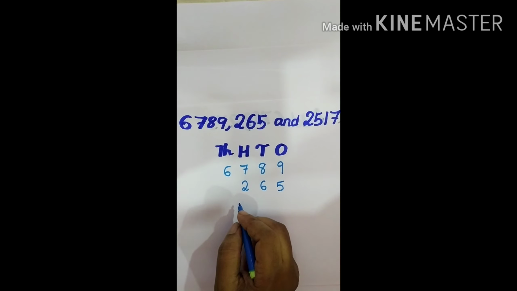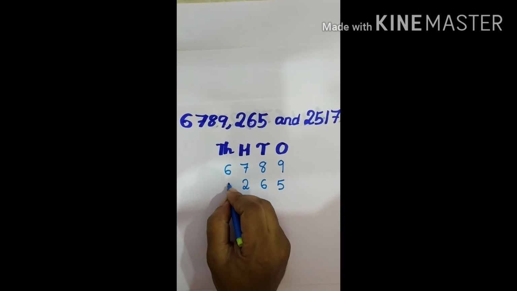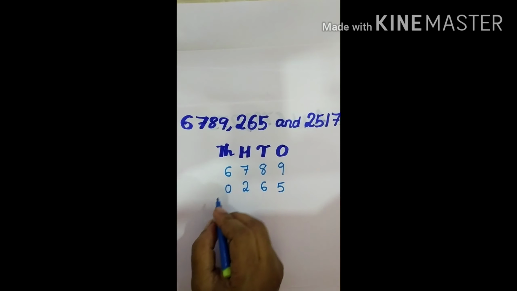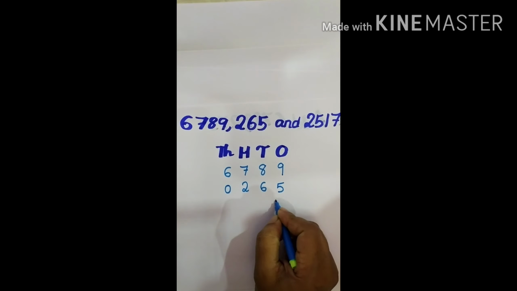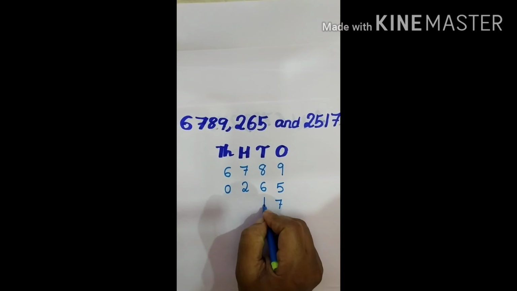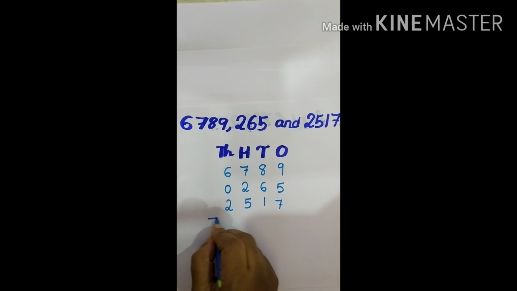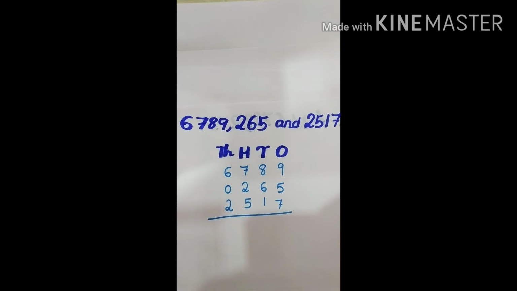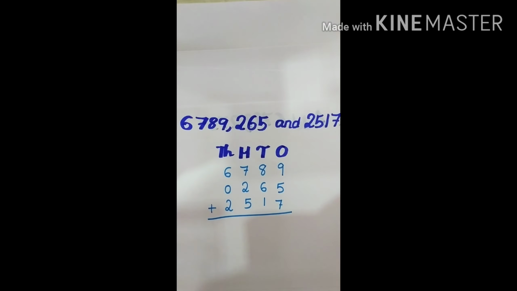Under 6 we don't have any digit, so under 6 we can put a 0. Then arrange the next number. Start from ones: 7, 1, 5, 2. We are going to add these numbers, so put plus.